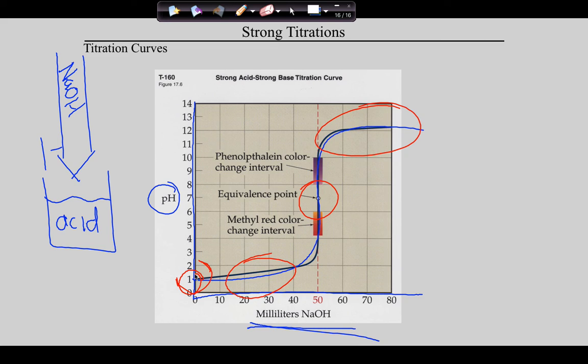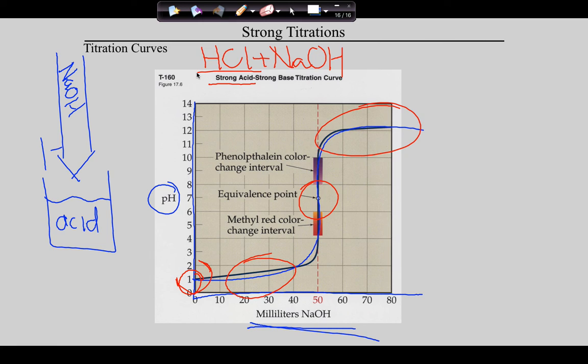So guys, when we talk about calculating the initial pH, what does that math look like? Just the negative log of what? The molarity of the acid, right? So guys, in this case, this is a strong acid. So let's say HCl plus NaOH. Because it's a strong acid, it completely dissociates.